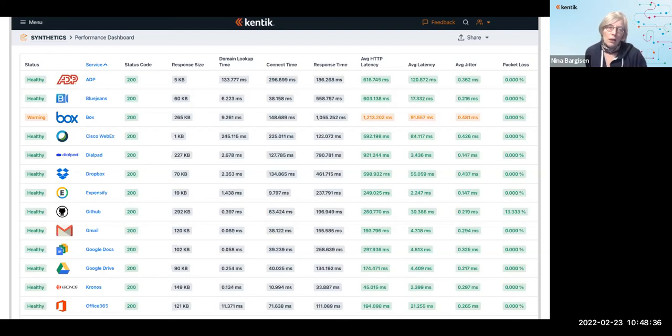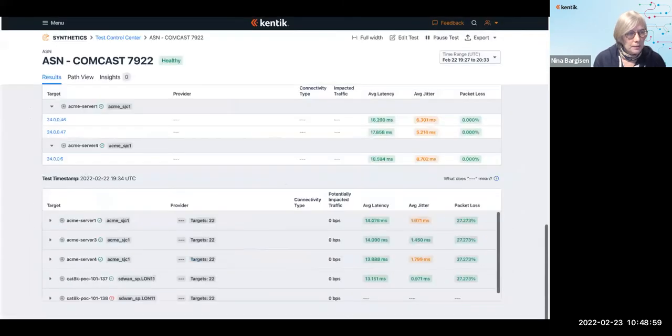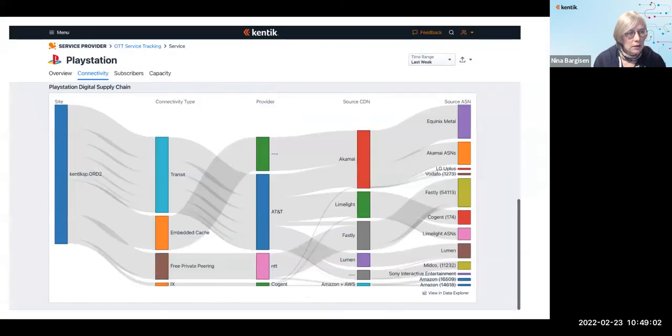So what you can do is look at the content provider and see who they buy transit from. But that doesn't necessarily tell you anything about how the traffic is coming to your network. For that, you will need the flow tool. So if I go back and show the digital supply chain, this is where you will get that information, looking at the flow.